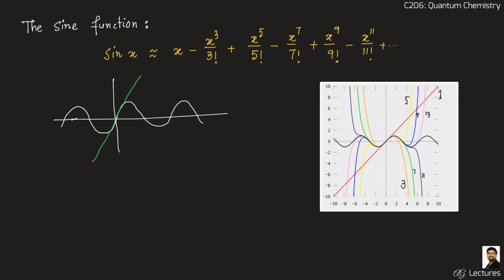Then x to the power 7, this green line, x to the power 9, this is blue, x to the power 11, this is black, and then x to the power 13, this pink line. So what is coming out is that when we go to higher and higher powers, it has started actually merging with the sine x curve that is drawn over here, fine.